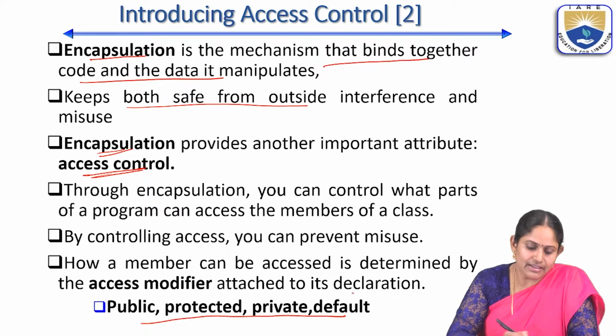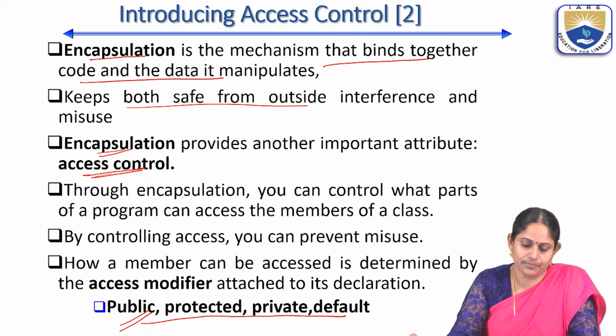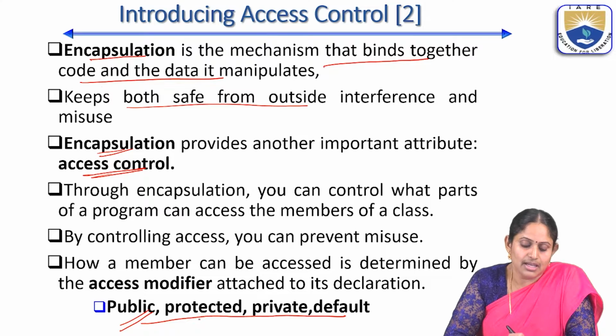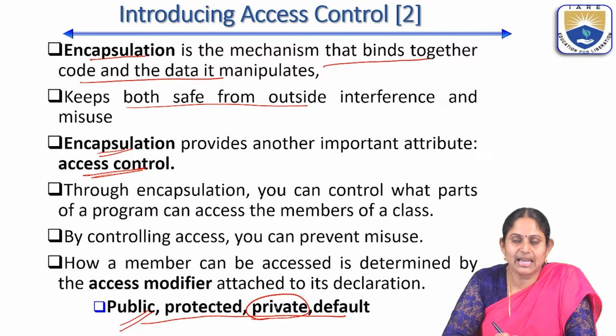If you define any variable as public, it can be accessed anywhere. That is why we always declare our main method as public, because it is being invoked by the JDK. Then if we define any member as a private member, that can be used only within that class.